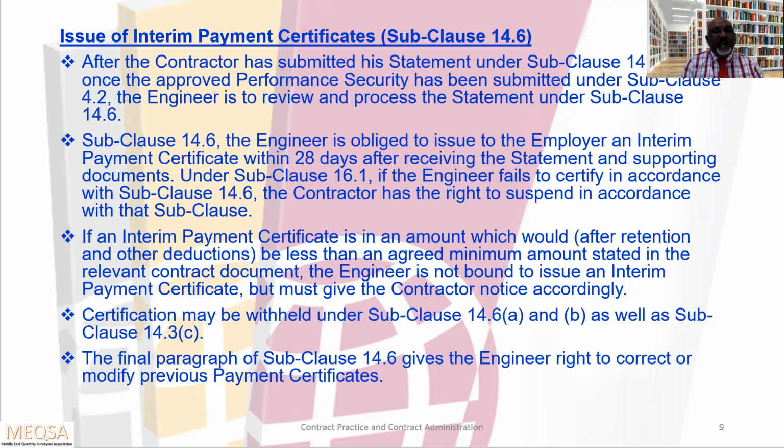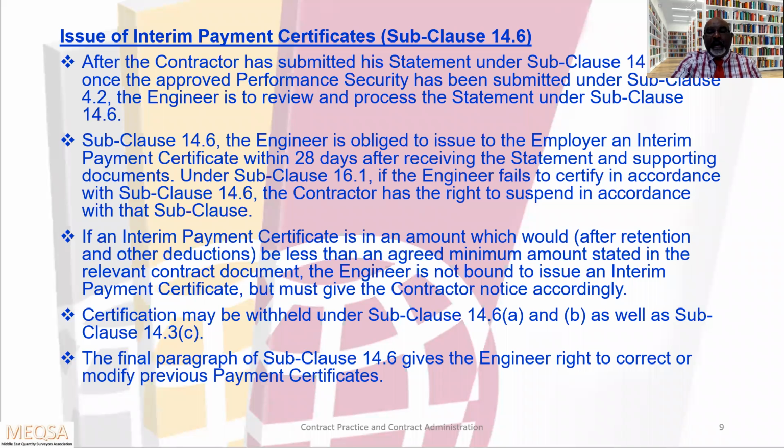The third point, if an interim payment certificate is an amount which would, after retention and other deduction, be less than an agreed minimum amount stated in the relevant contract document, the engineer is not bound to issue an interim payment certificate, but must give the contractor notice accordingly. Which means in some contracts, in the appendix to tender, they will mention the minimum amount, for example 1 million, 2 million.